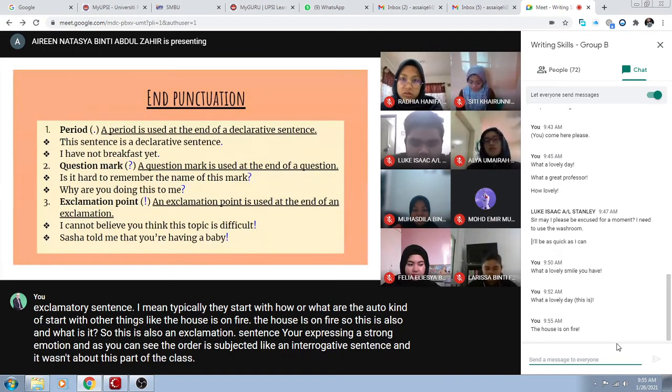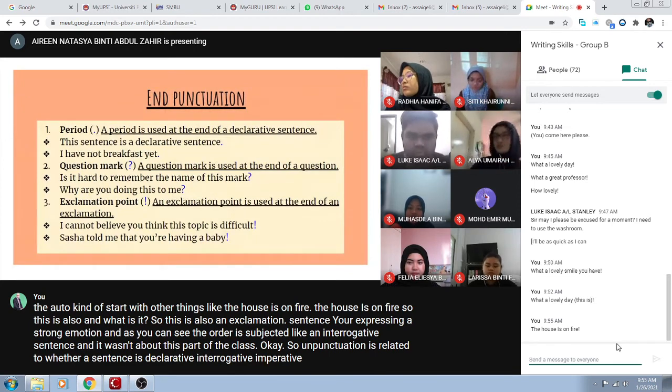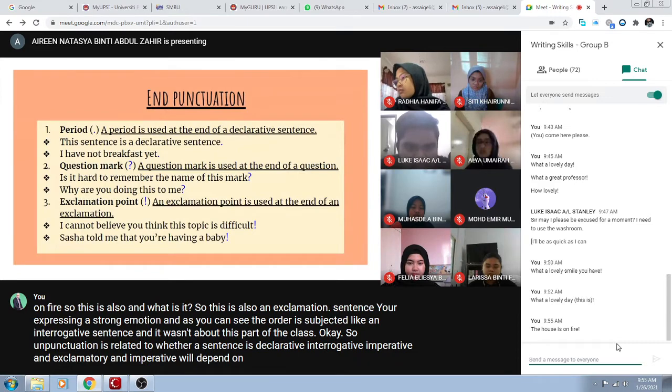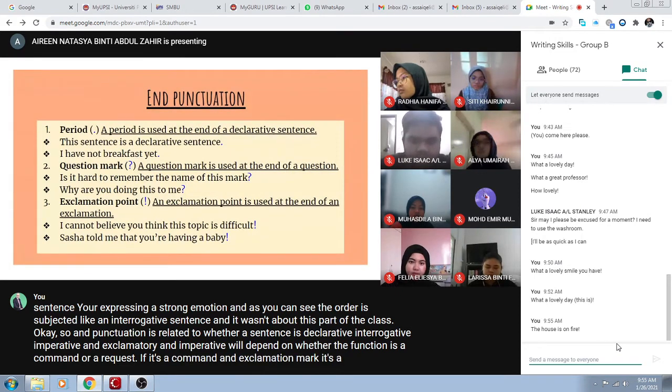Okay, so punctuation is related to whether a sentence is declarative, interrogative, imperative, or exclamatory. And imperative would depend on whether the function is a command or a request. If it's a command, an exclamation mark. If it's a request, a full stop.